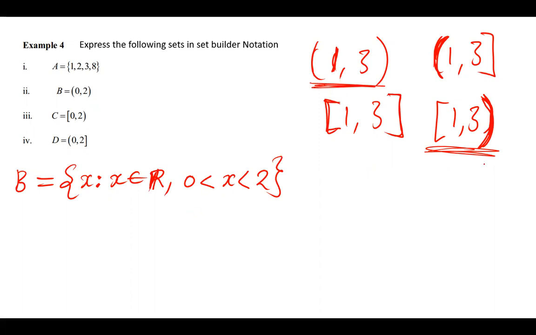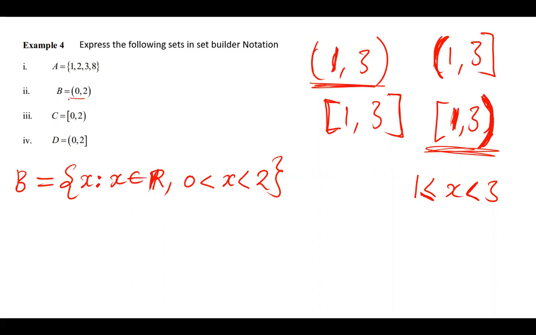So this one can be written as 1 less or equal to x less than 3. While there's just this less without an equal symbol, it means that we are using this kind of bracket, meaning 3 is not part of the set. But if it's part of the set, there's always supposed to be this equal symbol down there.